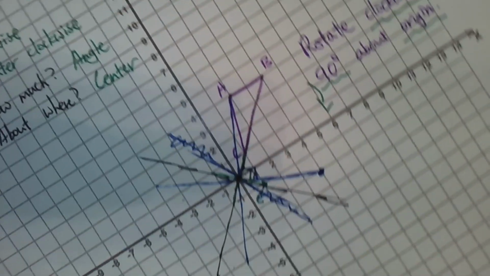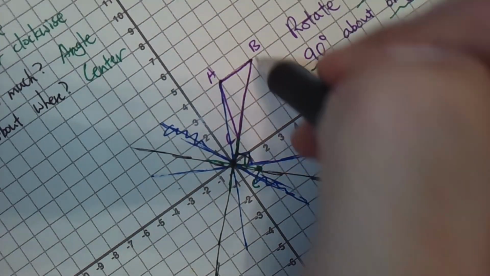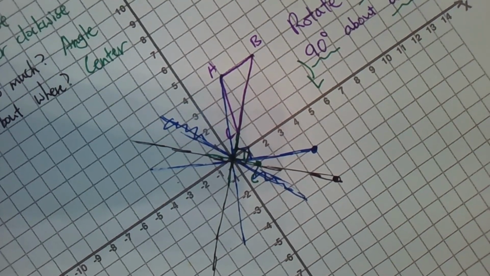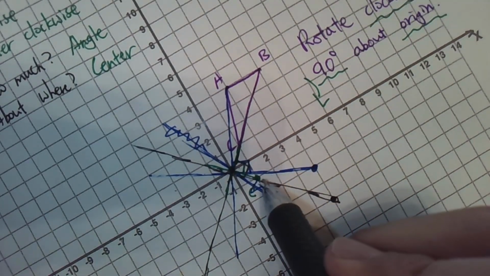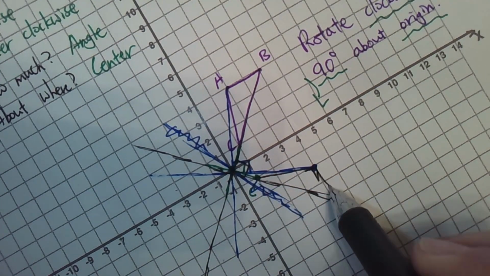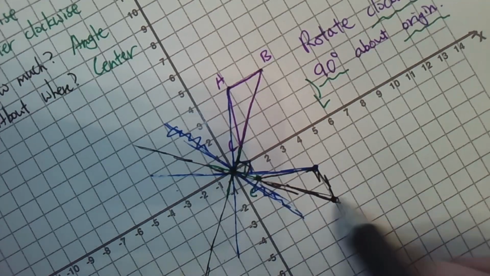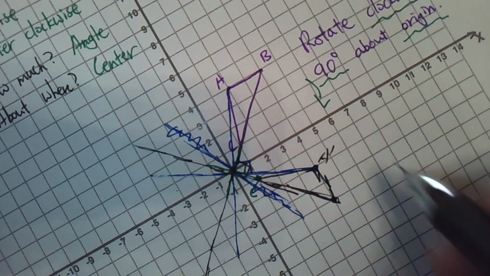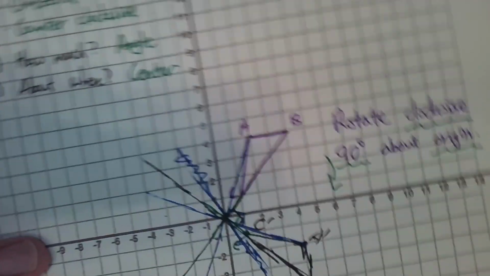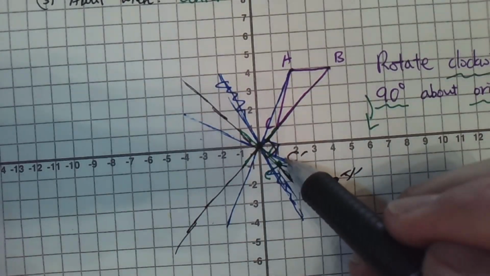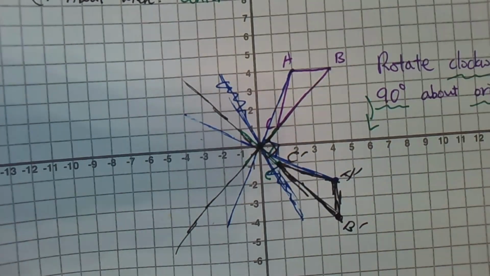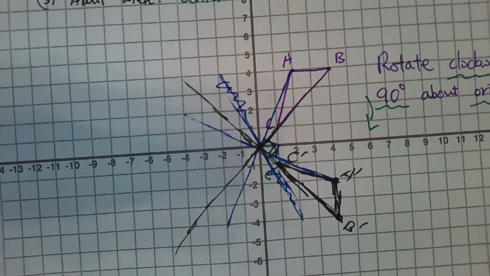So my point B will end up right here. Okay, and if I connect these three points, I have my A prime, B prime, and C prime, right? So I have my image of the triangle right here. Okay, and that is how you can do rotation.